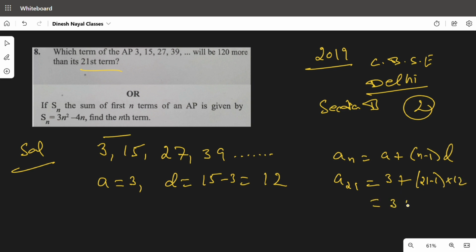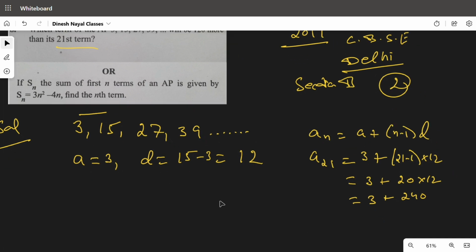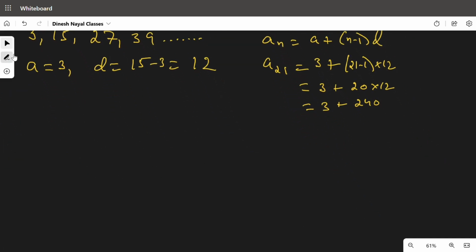So this is 3 plus 20 into 12. We know that 12 into 2 is 24, so 240. So this is actually 243. Let's write it over here properly: our 21st term, a21, is 243.